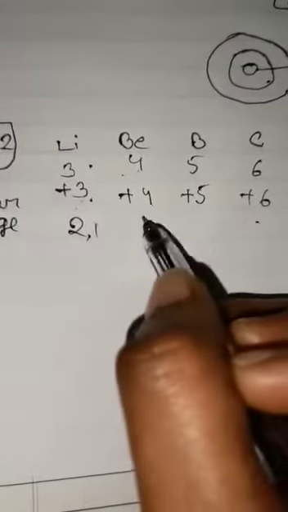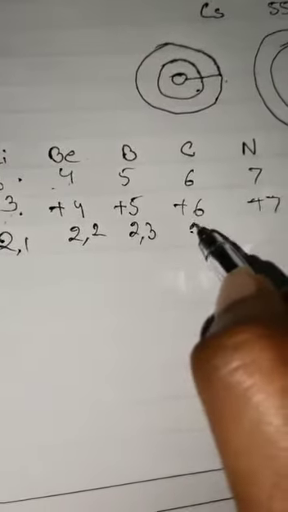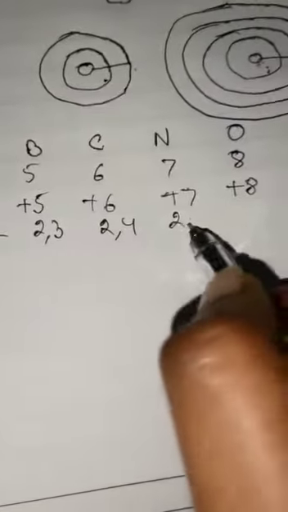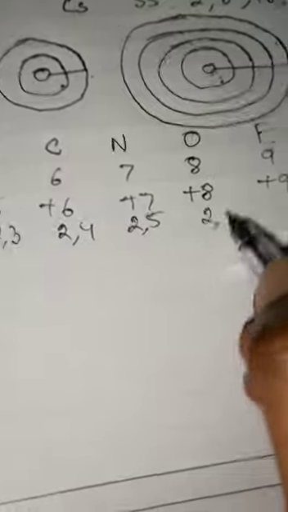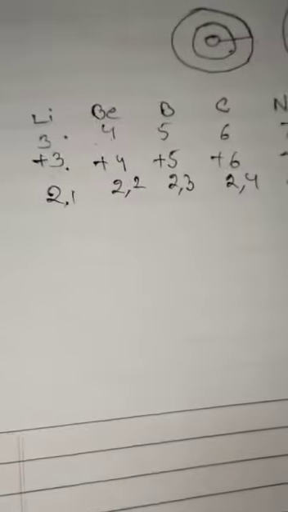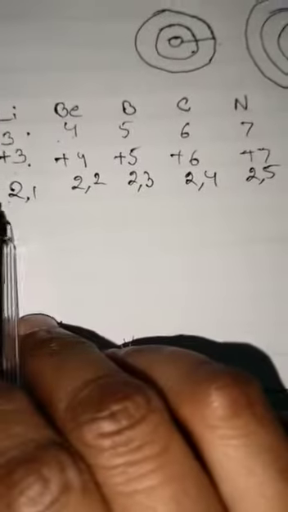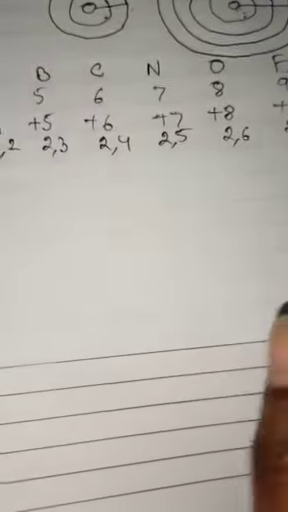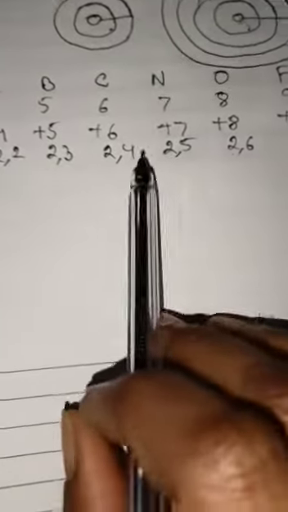Okay. Now what will be the electronic configuration? That is 2 1, 2 2, 2 3, 2 4, 2 5, 2 6, 2 7, 2 8. Now you can see when we are going from left to right in the period, the number of shells will be the same.